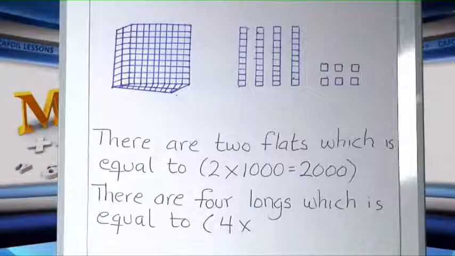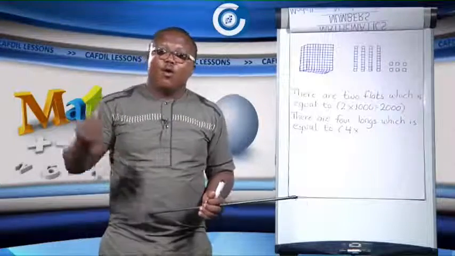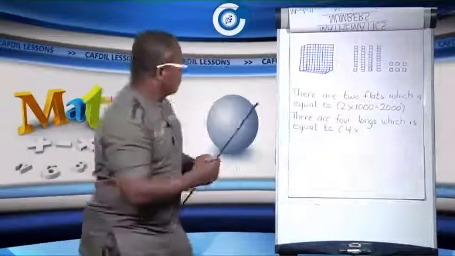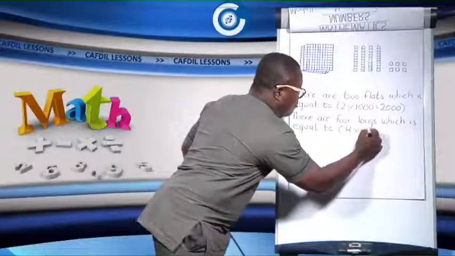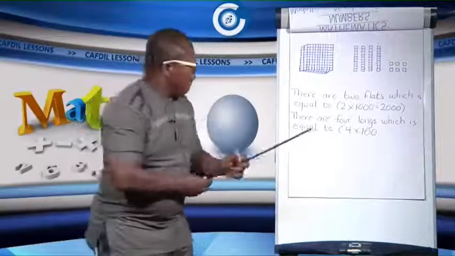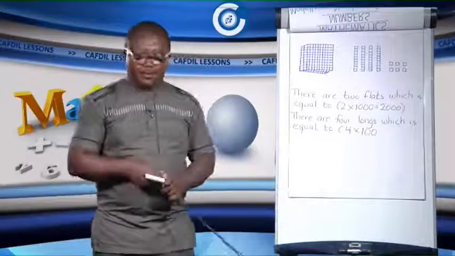So 4, and learners remember, we said 1 long represents what? 100. So I have to multiply 4 by 100.